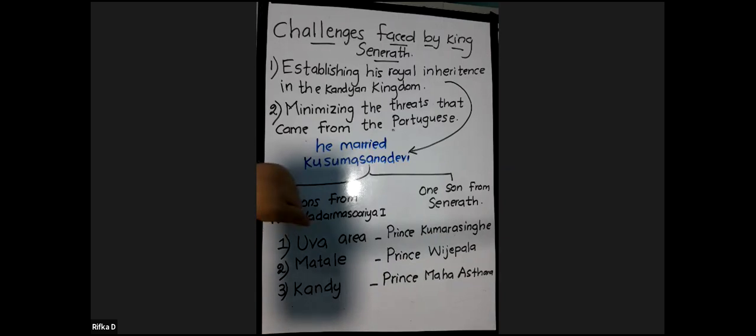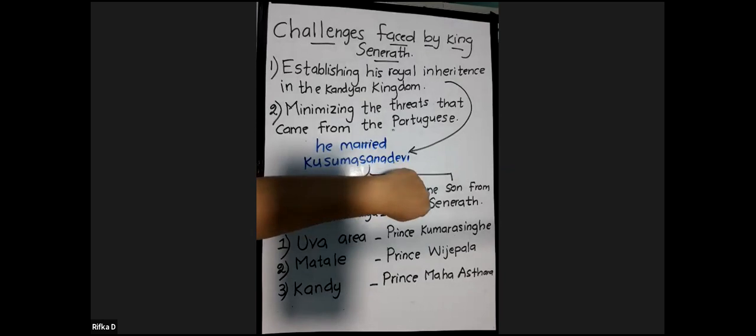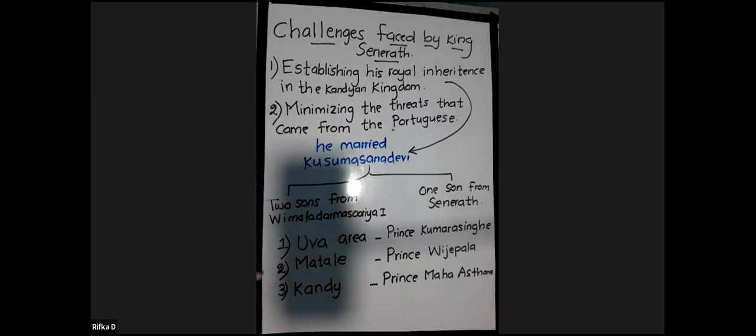Accordingly, the Uva area was given to Prince Kumara Singha, the Matale area was given to Prince Vijayapala, and the Kandy area was given to Prince Maha-Astana. Okay, so these are the important factors that you need to learn about the ruling period of King Senarath. Okay, children.